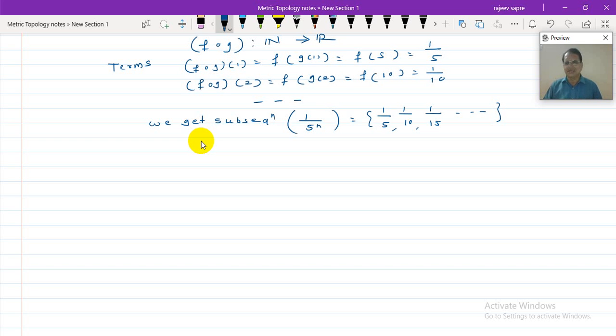So I leave this as an exercise to you. Very simple. The thing is, this is the theorem. I will ask you to write the proof.